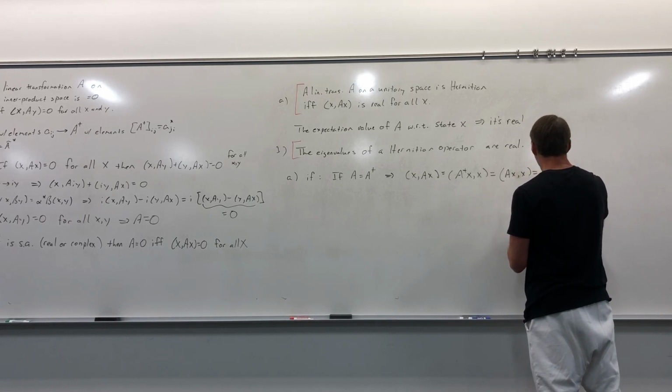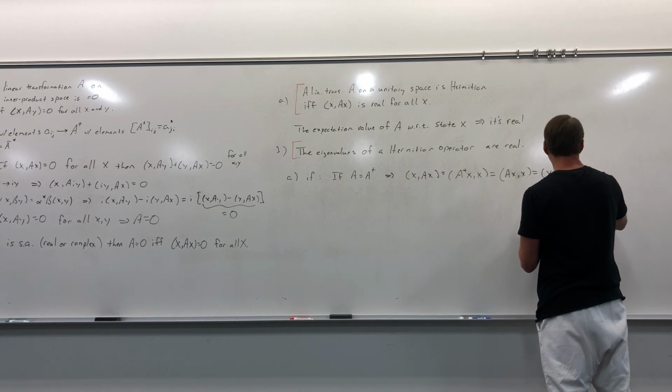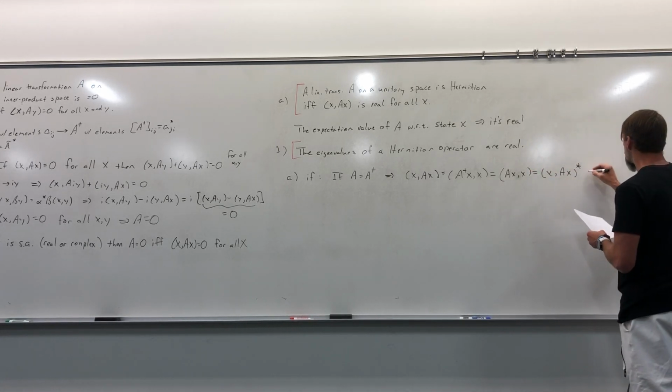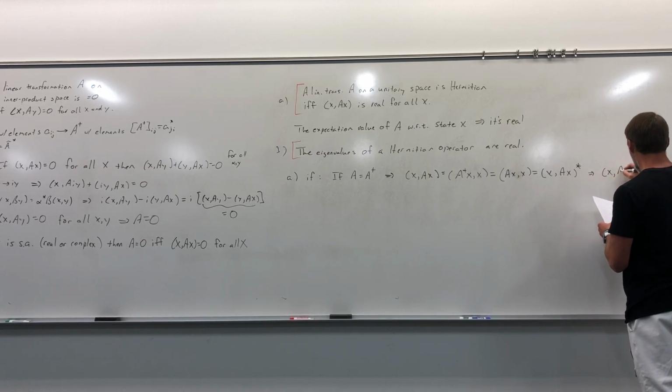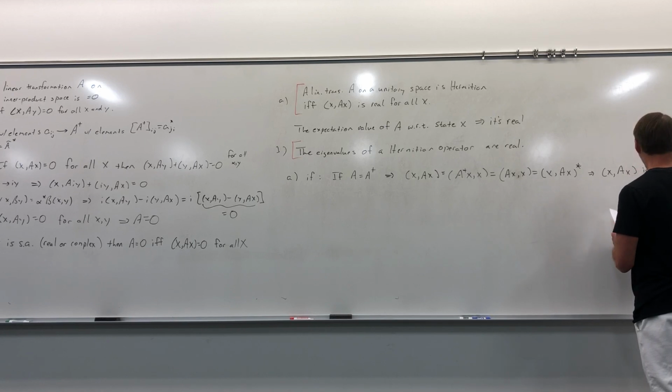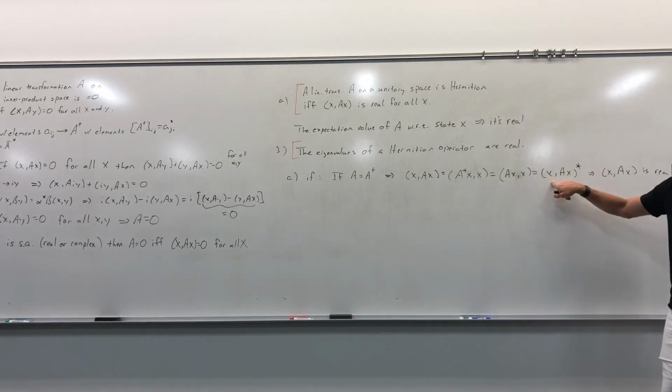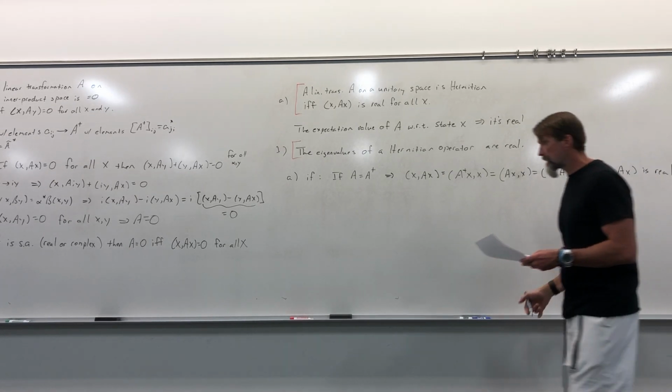And then this is <x, Ax>* because anytime you just flip around an inner product, you just have to complex conjugate the result. And this is telling me that <x, Ax> is real, because it is equal to its complex conjugate.